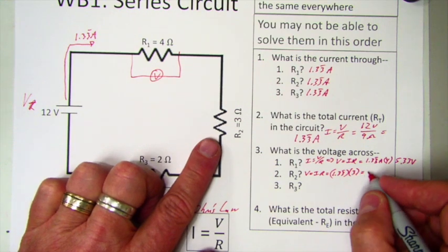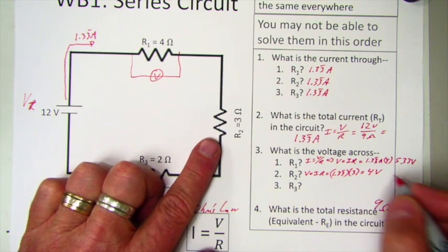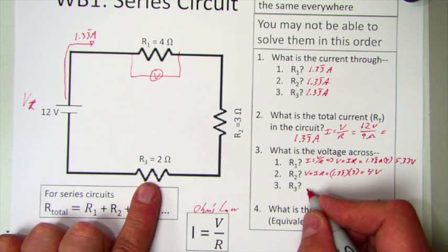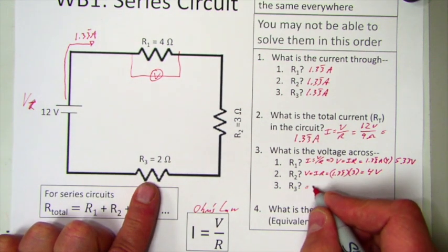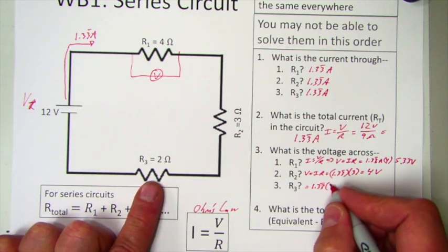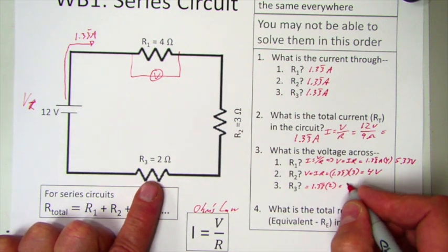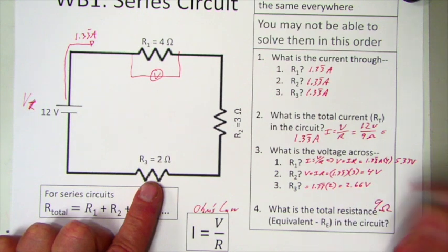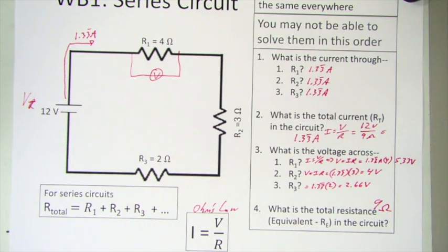So that is 4 volts. For resistor 3, it's still current through the resistor times the resistance, so 2.66 volts. That's the basic way you solve series circuits.